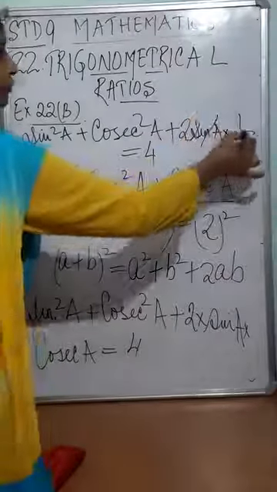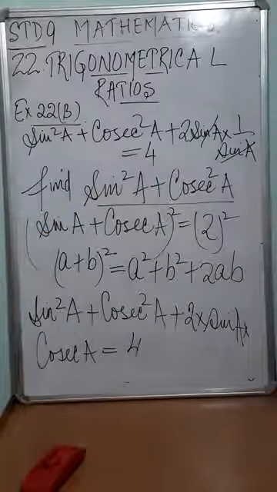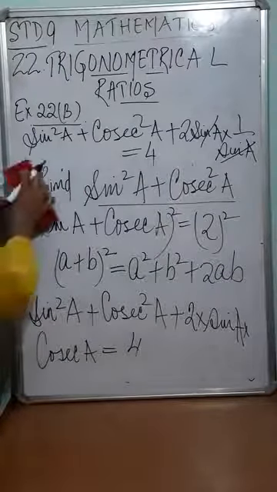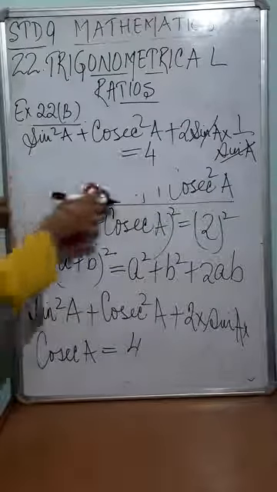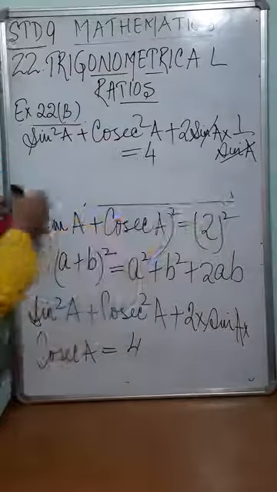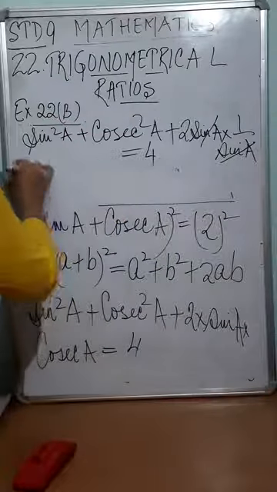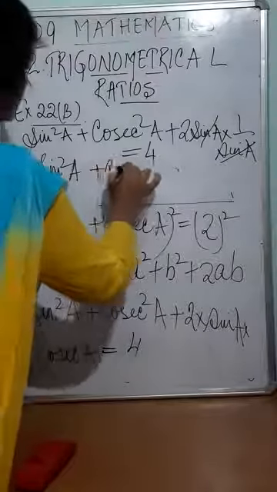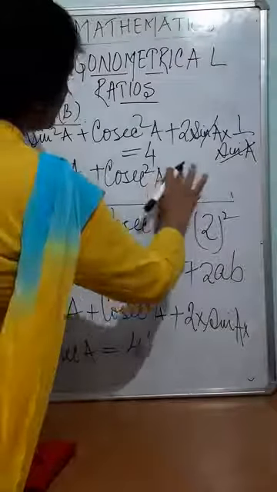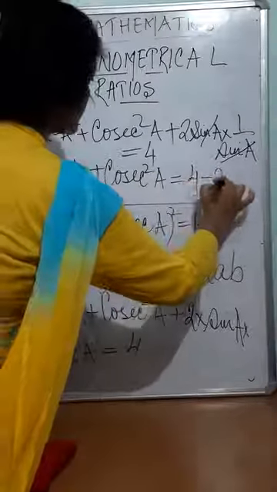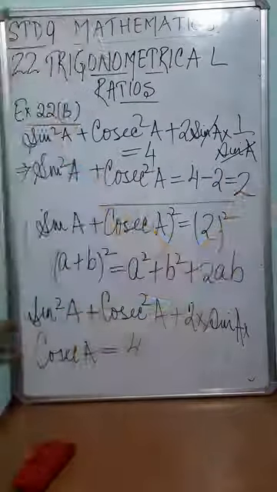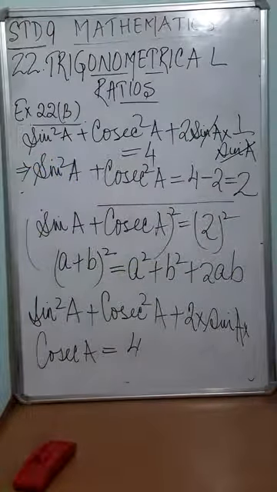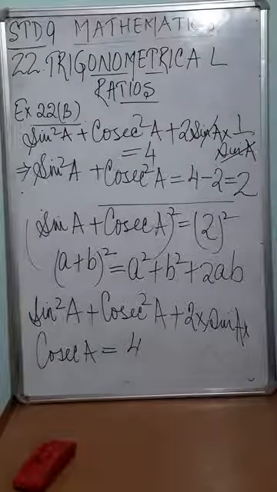Sin A and sin A cancel. Therefore, sin square A plus cosec square A equals 4 minus 2, which is equal to 2. Exactly on the same lines, you will work out question number 11.